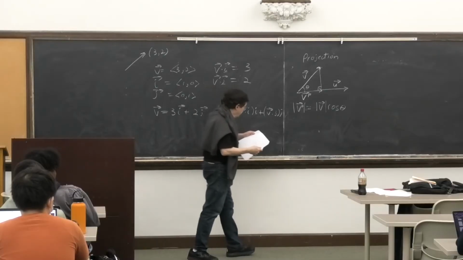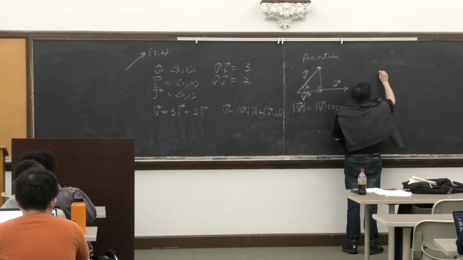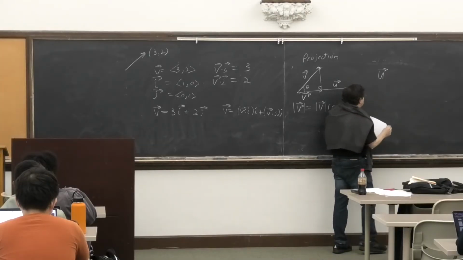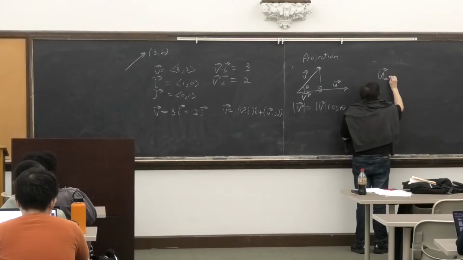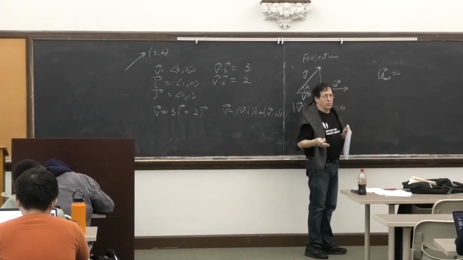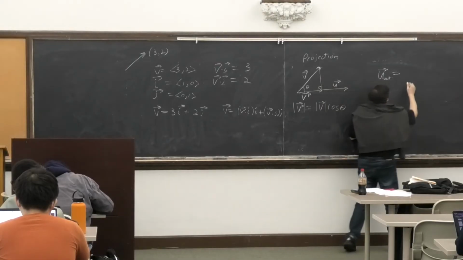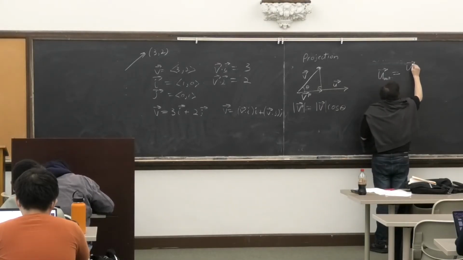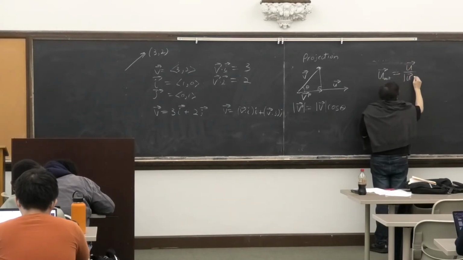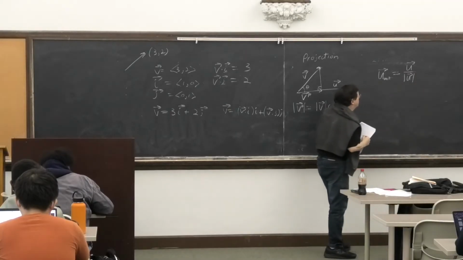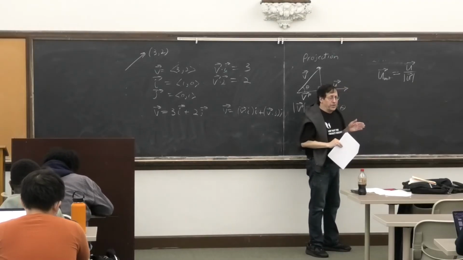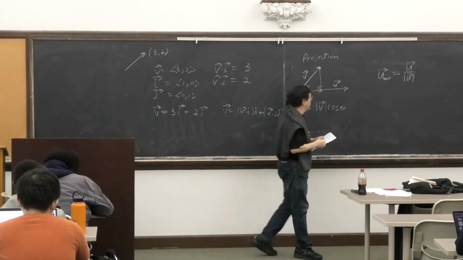So now we want to kind of pull a trick here. We're going to invent a new vector we're going to call u unit. Remember, a unit vector is a vector whose norm is 1. And we're going to create it by taking the vector u and dividing it by the norm of u. Again, this is something we can do with any vector. We can find a unit vector in the same direction as that vector this way.